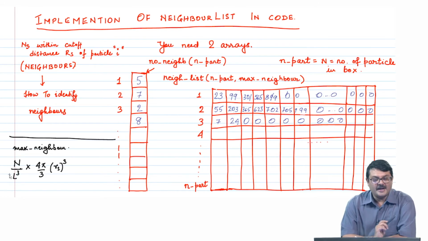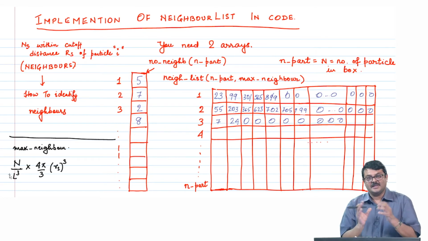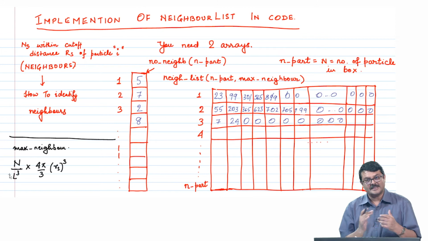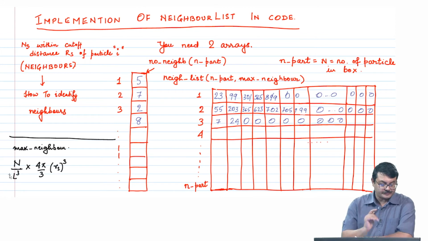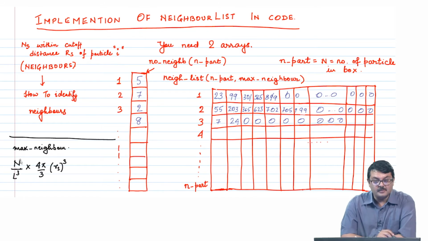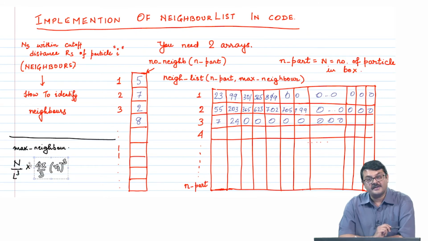And if you multiply it by m, then you would have the actual density, mass of that entire system divided by volume. N by L cube, the number density, into 4 pi by 3 R s cube is the average number of particles you would expect in a sphere of radius R s, right.